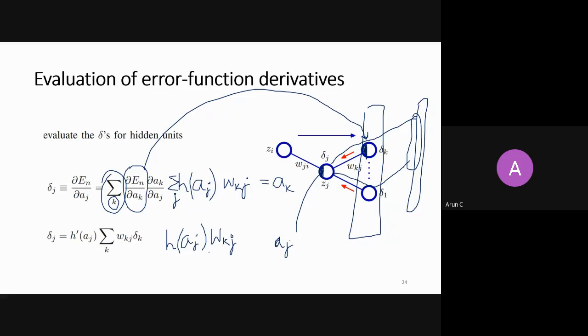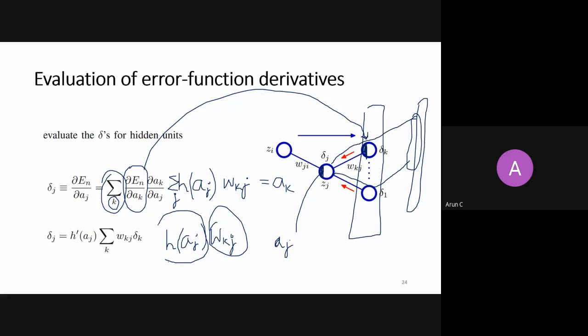Now if I take the derivative with respect to aj, wkj is a constant, and h of aj is a function of aj.